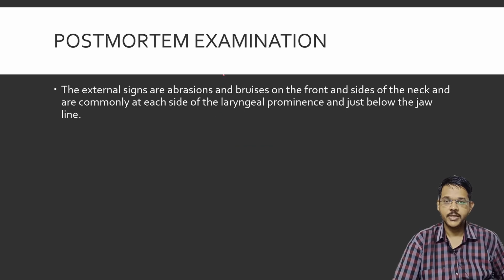Coming to postmortem findings in throttling, external signs mainly include abrasions and bruises on the front and sides of the neck, commonly seen at the level of the laryngeal prominence just below the jawline.